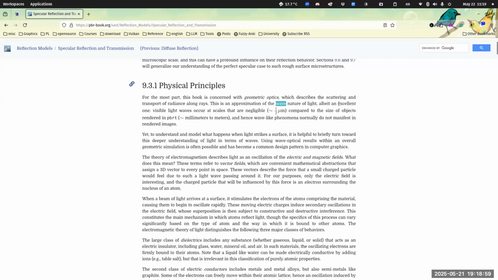Yeah, it's a pretty good one because visible light waves occur at a scale negligible compared to the size of objects rendered in PBRT. So wave-like phenomena normally do not manifest in rendered images.